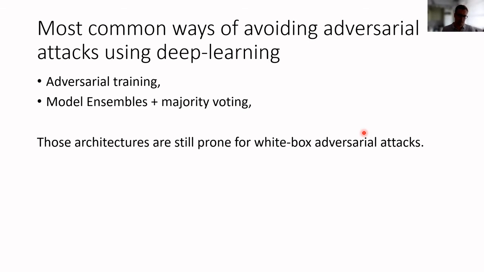That's fine, but then if the adversary has access to the architecture, he or she can still produce new adversarial examples that were not present before.